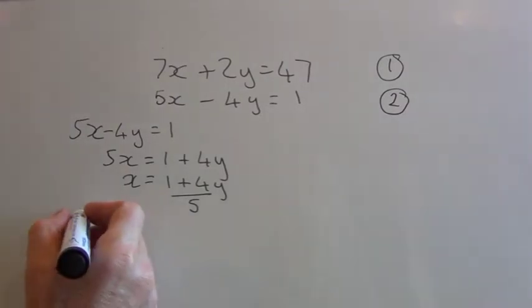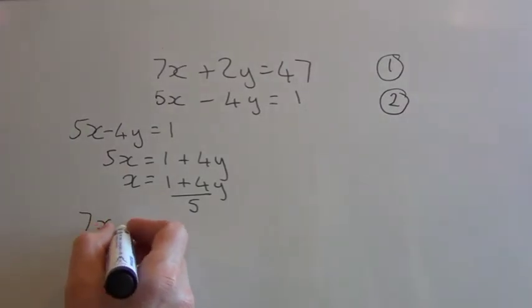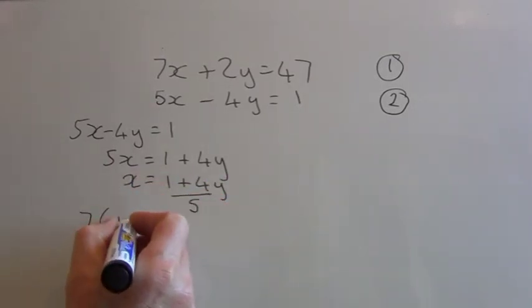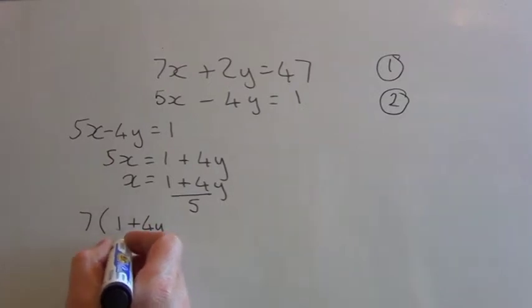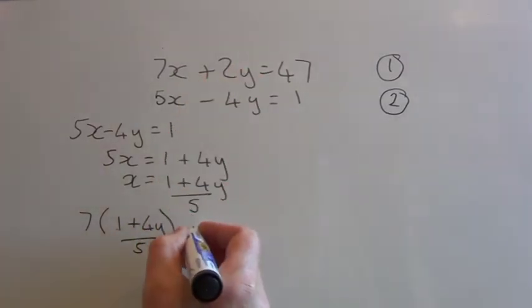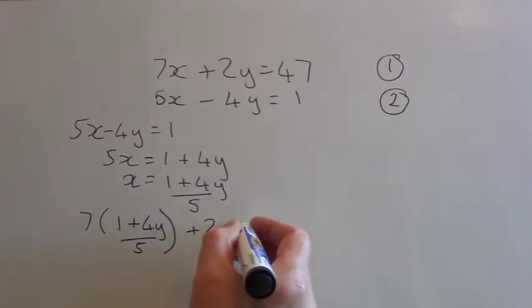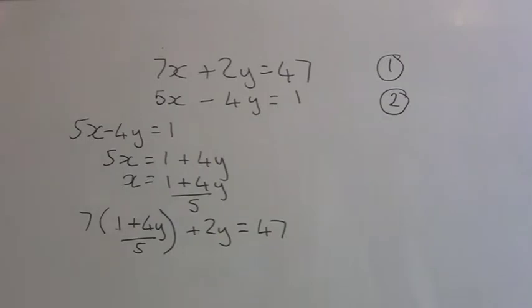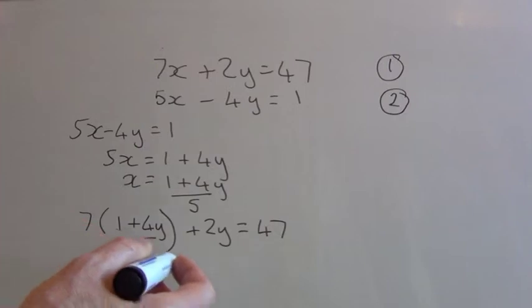So we have 7 times (1 plus 4y) over 5 plus 2y equals 47. We now need to do something with this fraction.